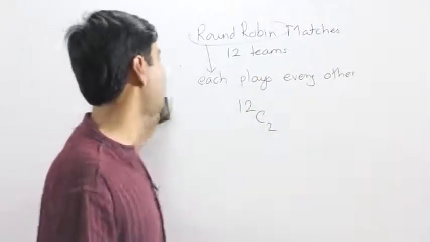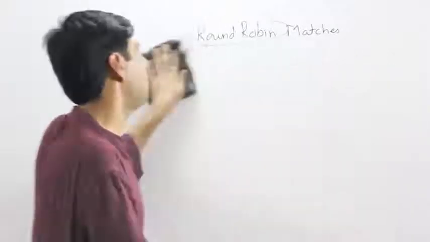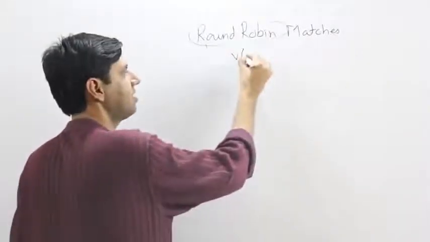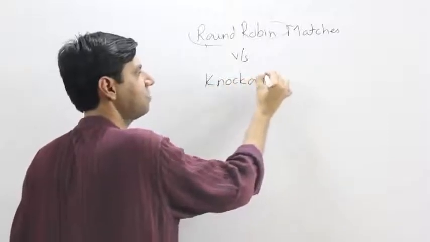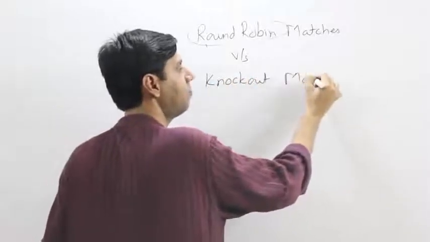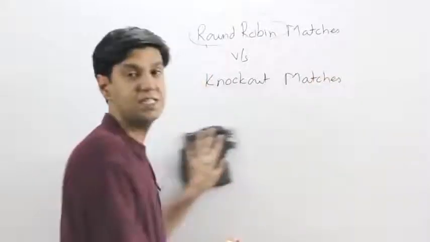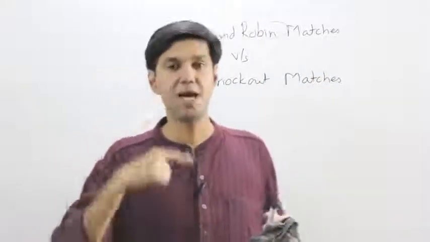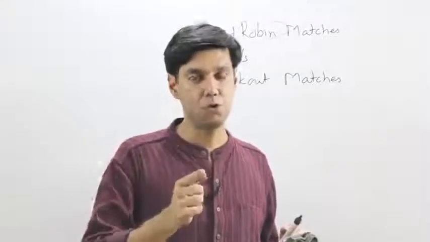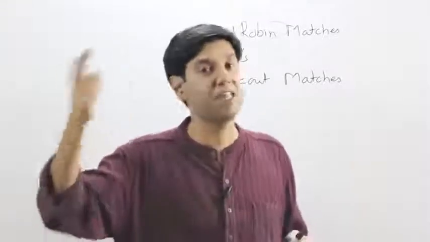What is the alternative to round robin matches? The alternative is knockout matches. Knockout matches refer to tournaments like the Grand Slam, any tennis tournament. So what happens there? Knockout. Any player who loses a match is out. He'll not play with every other player.